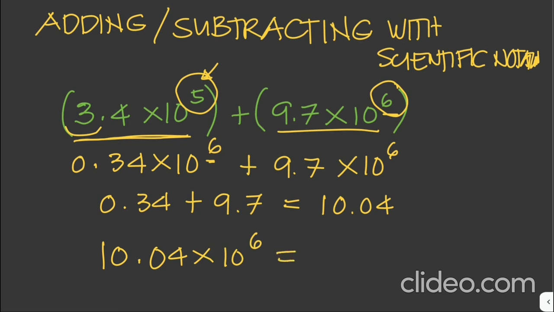Again, by following the scientific rules that our coefficient should be greater than 1 and less than 10, we need to write this as 1.004 times 10 to the 7th. We just move our decimal point to the left.